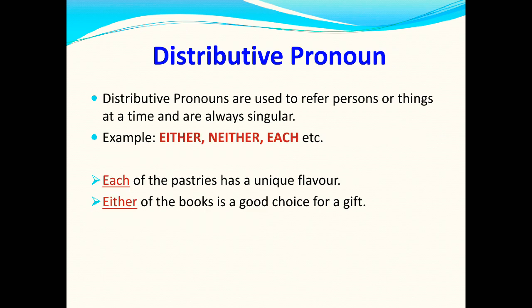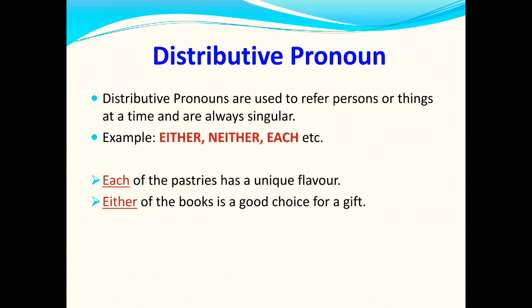Next, distributive pronoun. Distributive pronouns are used to refer to persons or things one at a time and are always singular. For example, either, neither, each. If we say each of the pastries has a unique flavor, here we can see that each is working as singular.